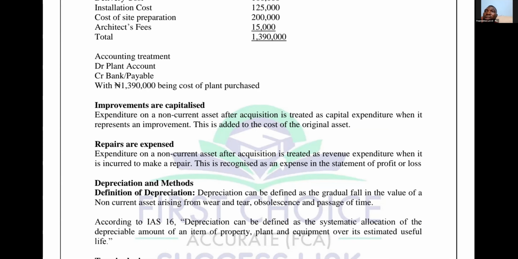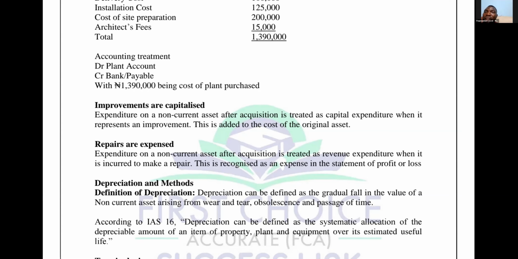What is capital expenditure? Capital expenditure simply means the amount that you have decided to spread across a particular period, as a result of improvements. It is the cost that you incur on the asset that improves the productivity of the asset or increases its estimated useful life.